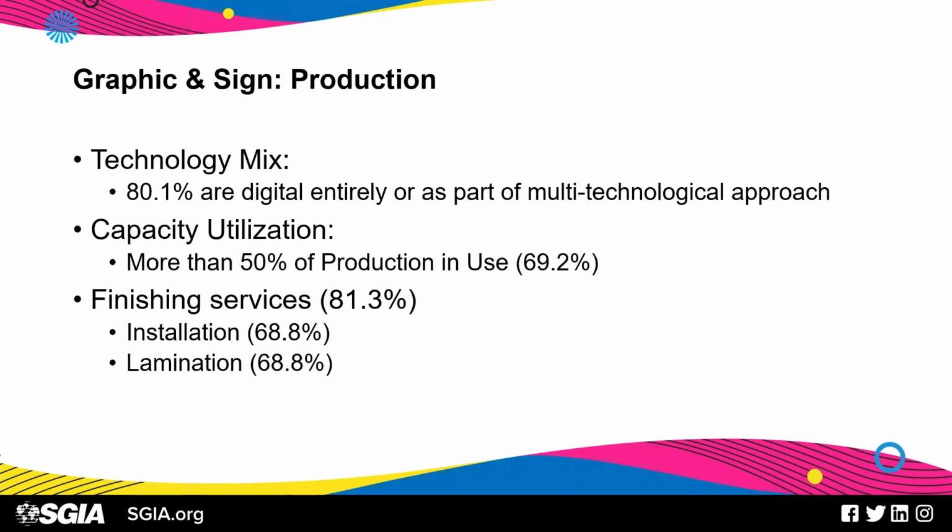Also, they try to focus on finishing services. 81.3% provide finishing services to their customers, and the top ones mentioned by our respondents are installation, 68.8%, and lamination, the same percentage, 68.8%.